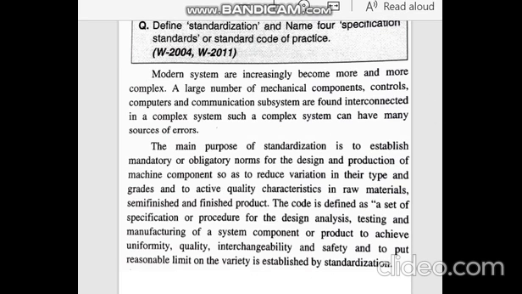So this standardization is to bring uniformity, to bring quality, and to permit interchangeability.